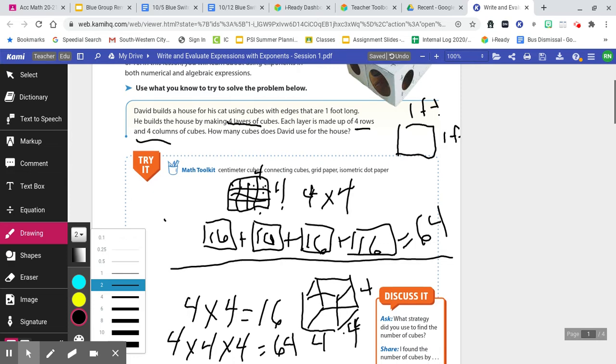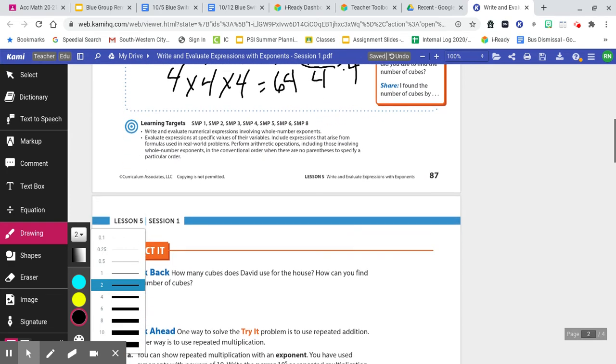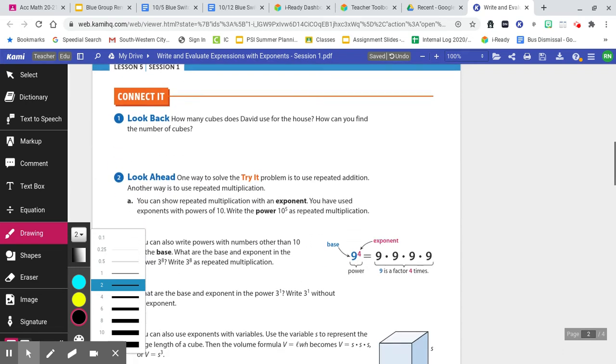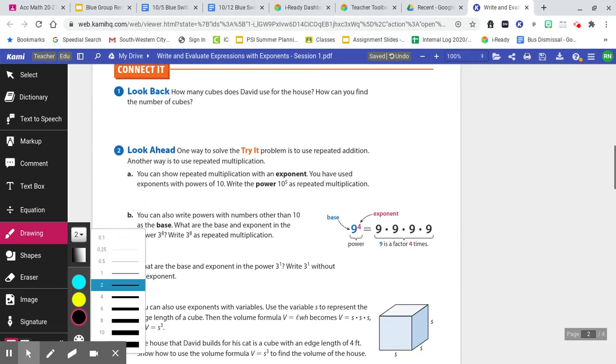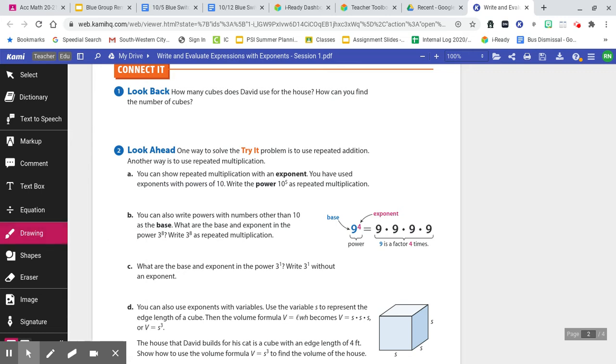So let's go ahead and move on to the next page. Look on page 88. And let's see if I can get rid of this. There. Okay, look back. How many cubes does David use for his house? How can you find the number of cubes? Well, we already said there were 64 cubes, and you could multiply to find the number of cubes in one layer.